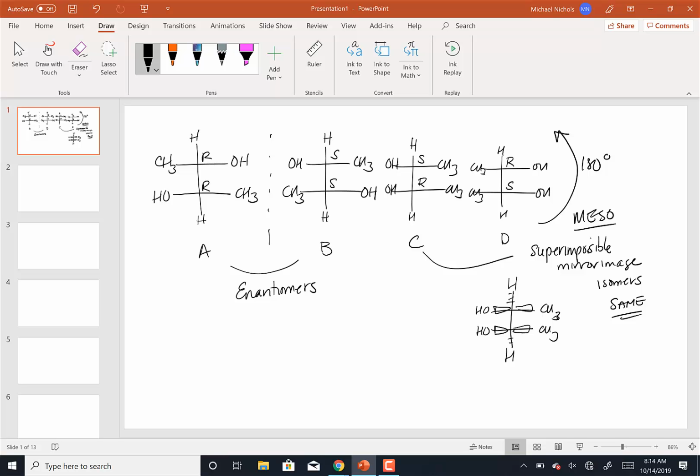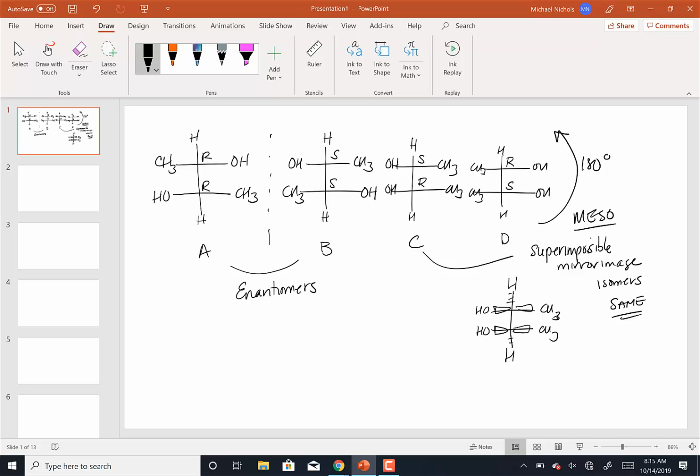But there's more to that. They're non-superimposable because the only way to get A into B would be to rotate them in the plane, and that would mess up the bold and dashed wedges.